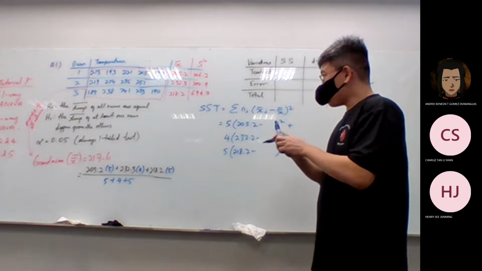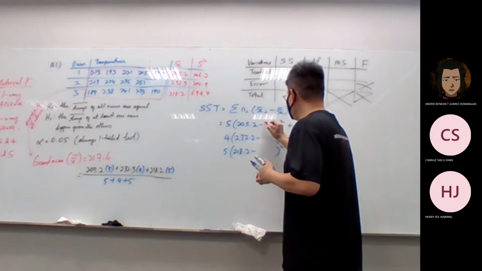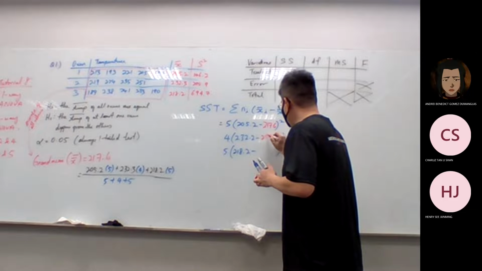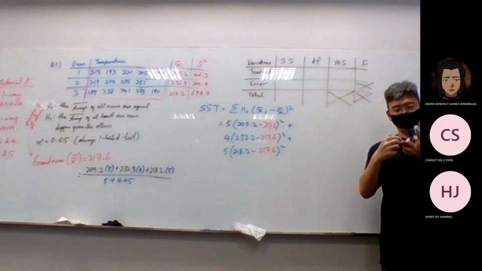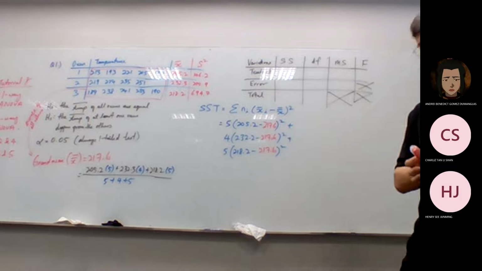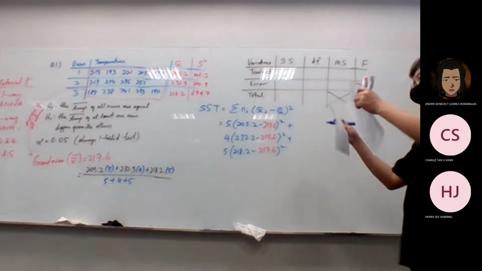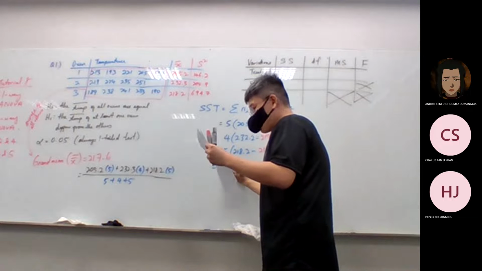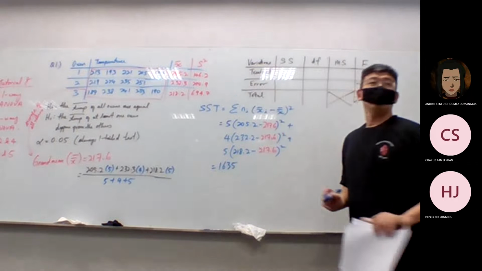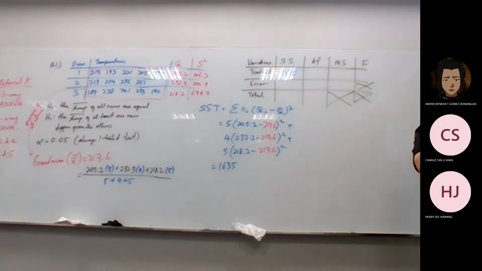And you drop in the grand mean for each one: 217.6, 217.6, 217.6. Then with that, you get 1635. Okay, then you put 1635 here. So you're done with one.